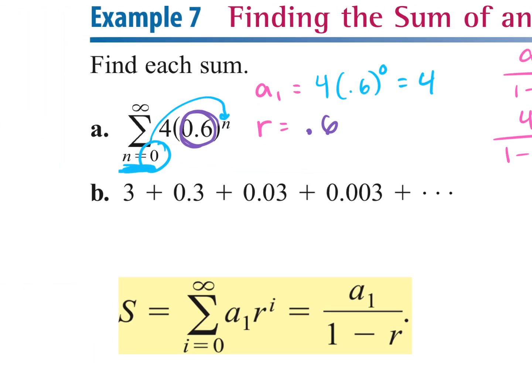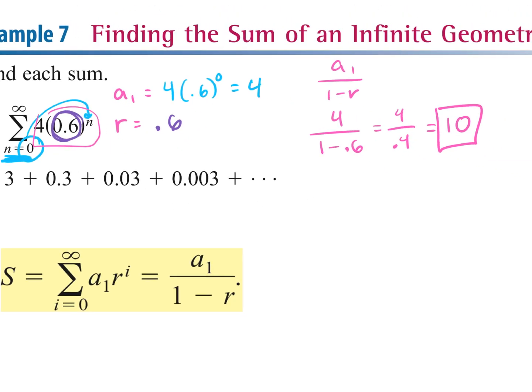So if we added all of this together from 0 to infinity, it just will add up to 10. So 10 is the sum.